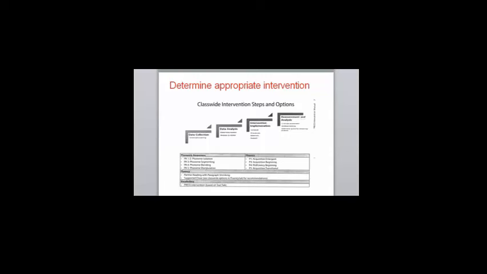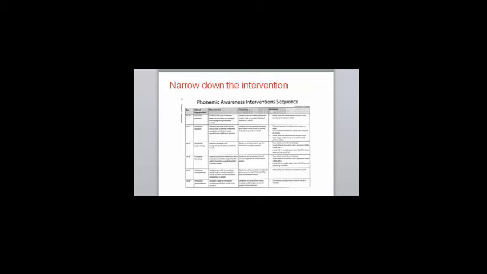If you'd like more help in how to narrow down your particular intervention, at the beginning of every single tab, you will find a description of the actual intervention. It gives you the objective, what kind of materials you need, and when it is specific for use.